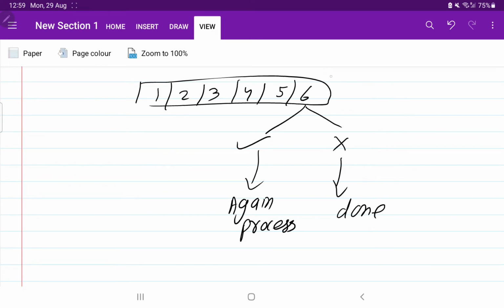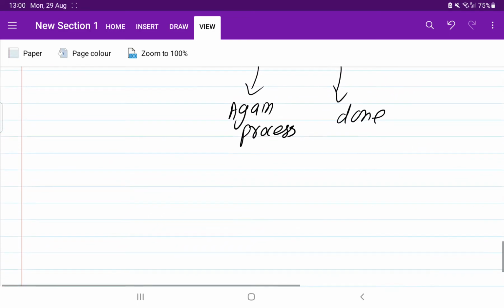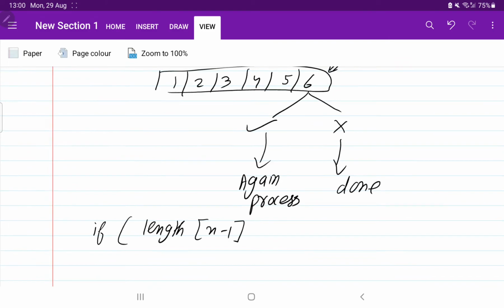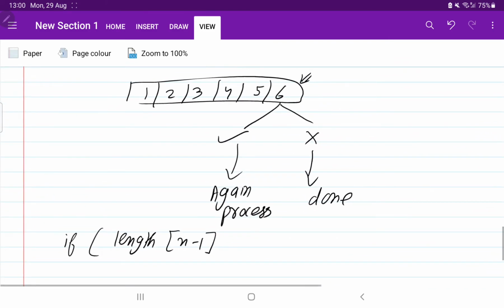And in recursive solution, we know that we always start from the last, then we come one step backward like this. Okay, so now we have to take the decision on the 6th element. So if length of n minus 1, first of all there is one tricky thing.